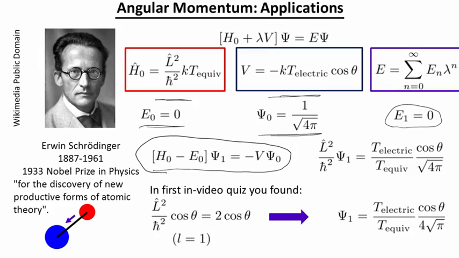So now it's relatively straightforward to write down the equation for psi1. Because E0 is 0, the left-hand side of the equation, just the angular momentum operator applied to psi1, is this ratio of the strengths of the two interactions, which come from these two terms respectively. And then here you see there's an angle, the cosine of theta, and the normalization 1 over the square root of 4 pi.